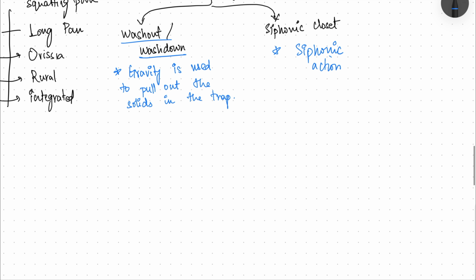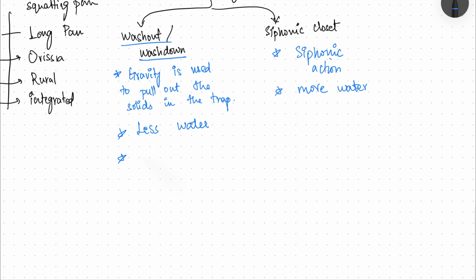Washout uses a lot less water. This uses more water. This is a lot cheaper, plus it's also a lot older. This is costlier, of course, and it's also newer. It's expensive.